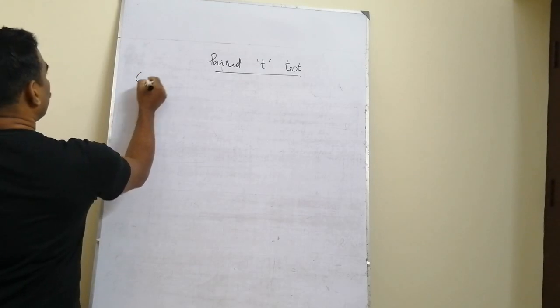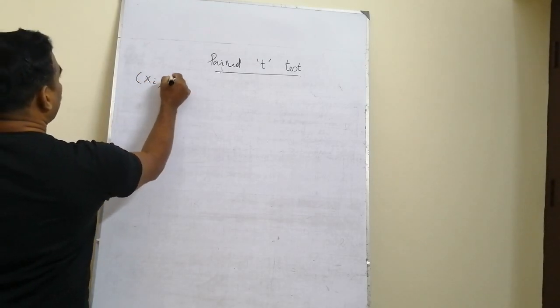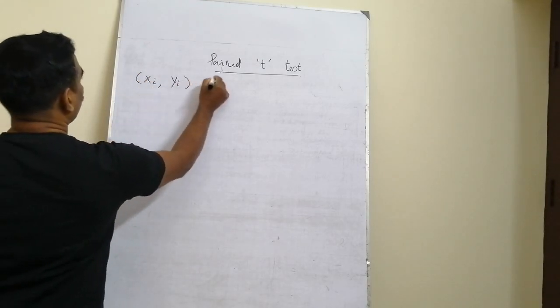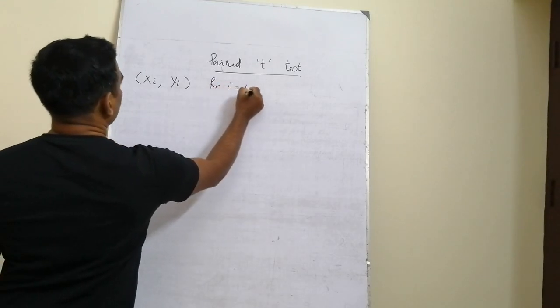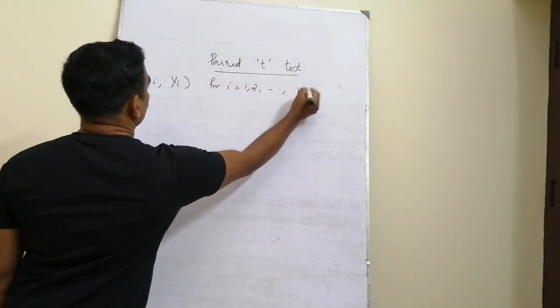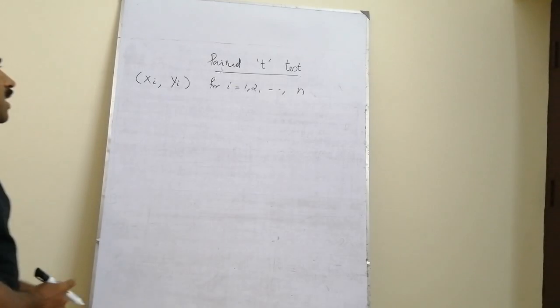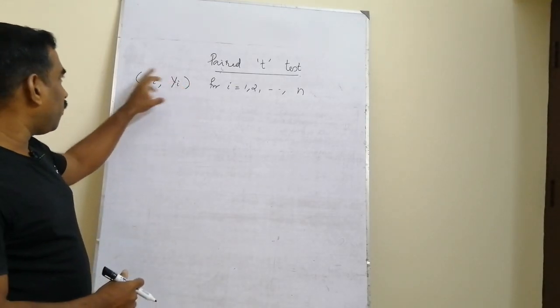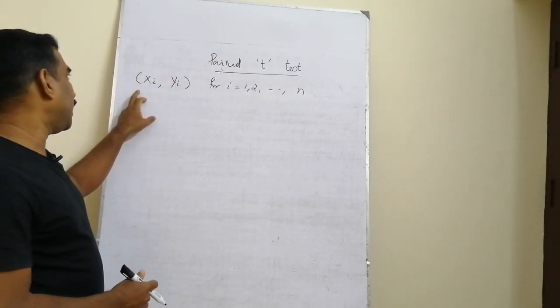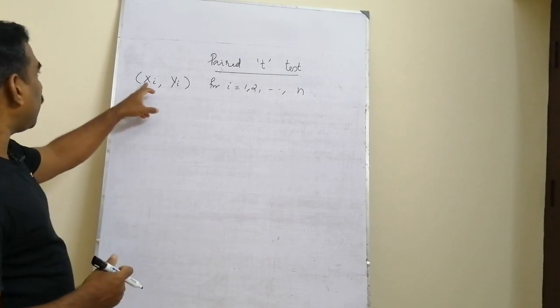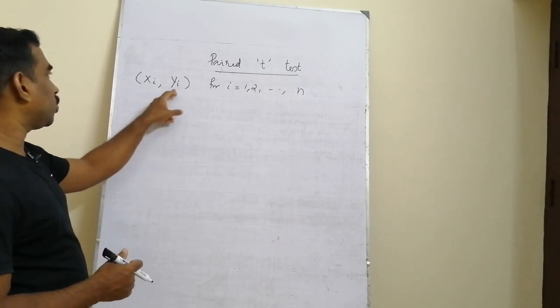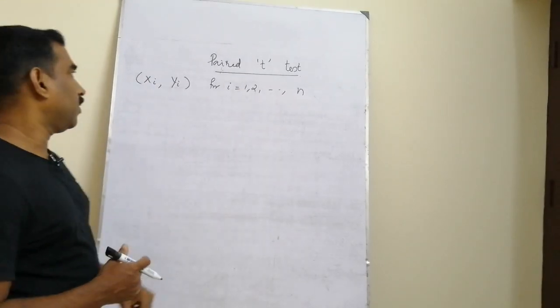Suppose we are considering a set of paired observations xi, yi for i equal to 1, 2, 3, etc. up to n. So we are drawing samples of the same size before and after the implementation, or some paired values, say x1, y1, x2, y2, etc., xn, yn.